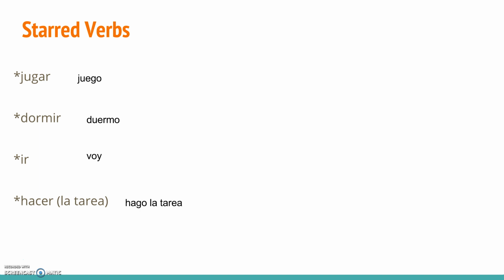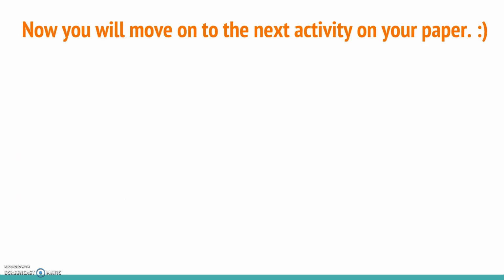Ir, to say I go, just completely does not follow the rules. It becomes voy. And then to say I do homework, instead of having HACO, which would follow the rules, it's going to be HAGO, which is pronounced hago. Hago la tarea. Now you should move on to your next activity on your paper.